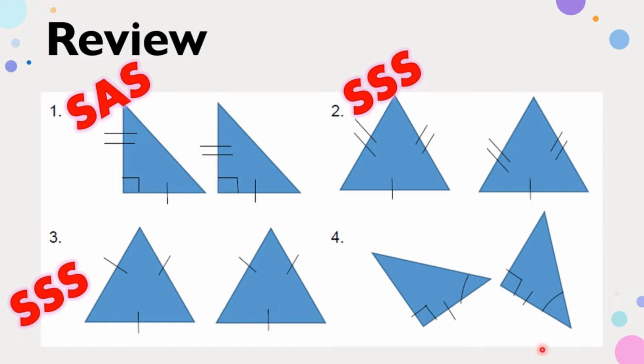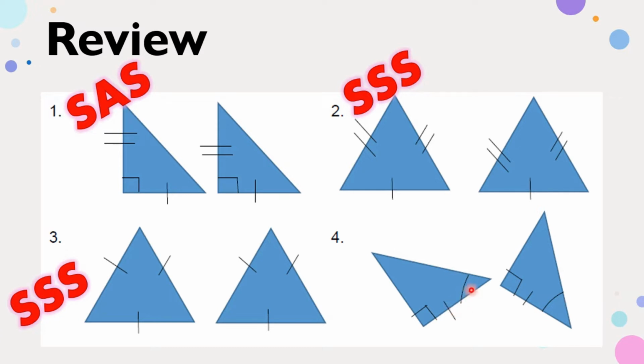How about number 4? So in number 4, you have another right angle, one angle, and then a side. So we can see 2 angles and a side. So what are we gonna look at? We are going to look at the side. Take note of the side.